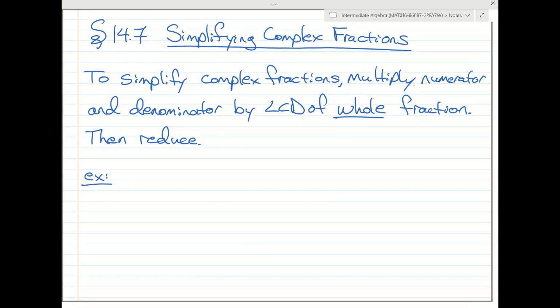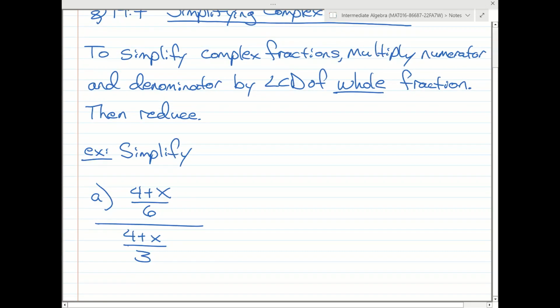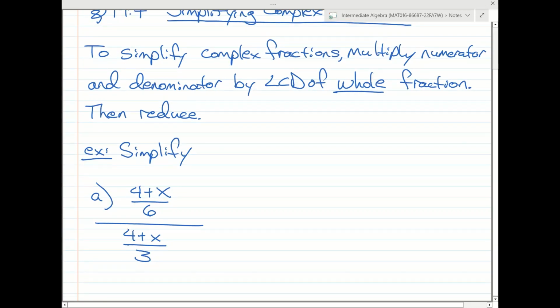Directions are just going to be to simplify. And let's say we had a problem where it's 4 plus x over 6 divided by 4 plus x over 3. First thing we have to do is figure out what is the least common denominator for the whole fraction.